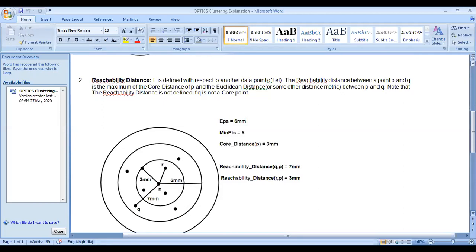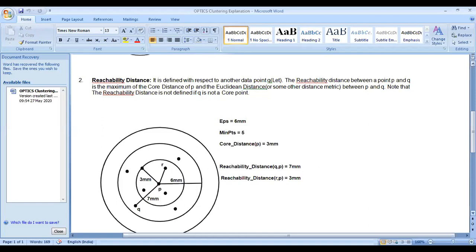Suppose it's the same figure that we used, where the epsilon radius initially is 6 millimeter and min point criteria is equal to 5, and the core distance, like in the previous example we have seen, is 3 millimeter, because while drawing the 3 millimeter circle we can find out the minimum number of points inside the circle. So core distance is equal to 3 millimeter. Now suppose there is a point Q and Q is a core point, and P is a core point.